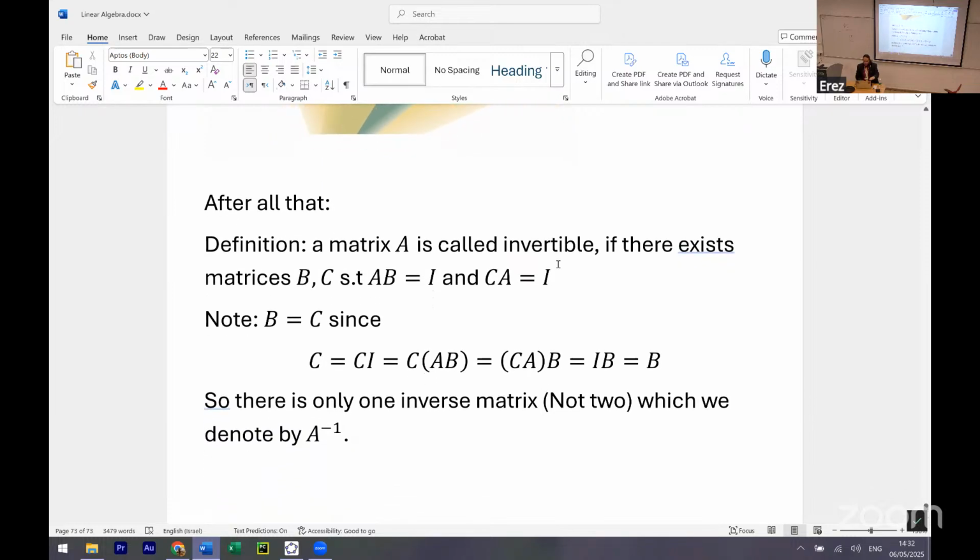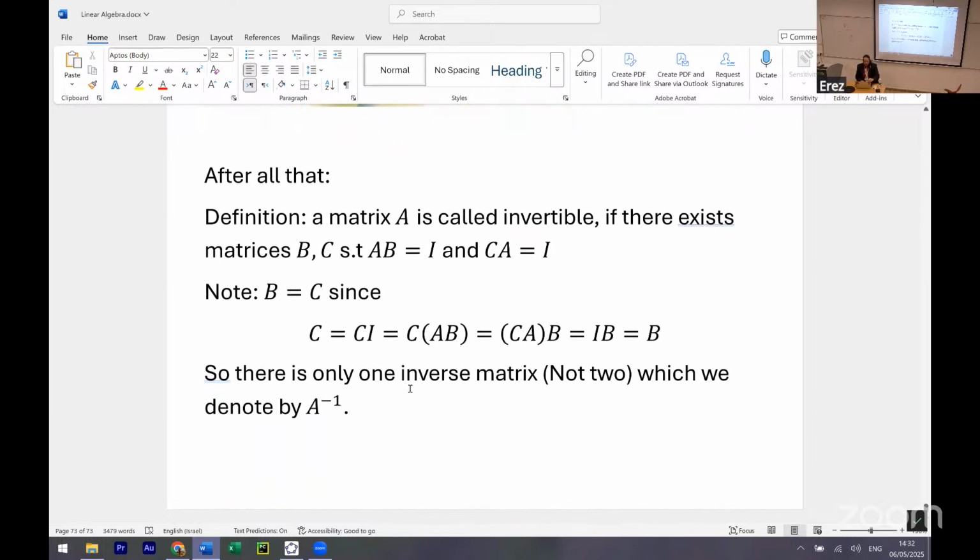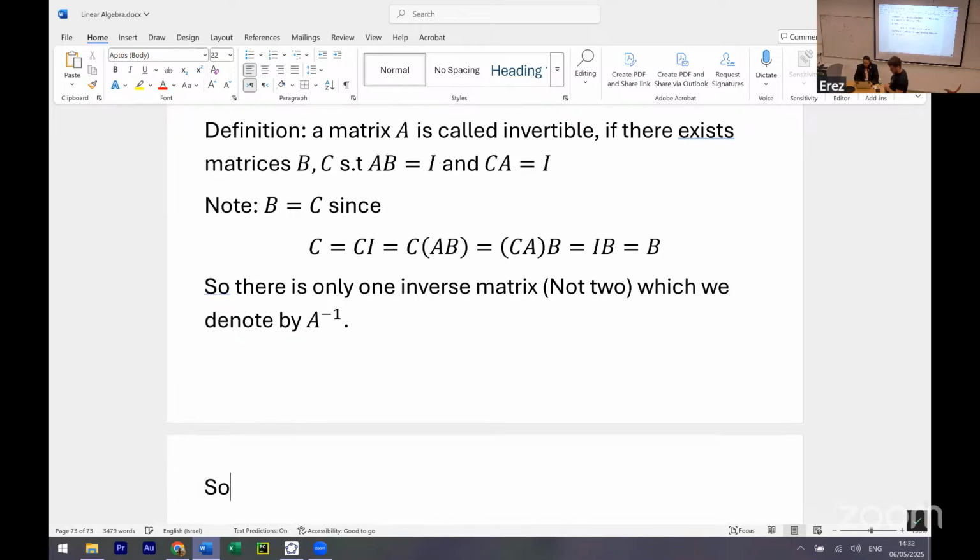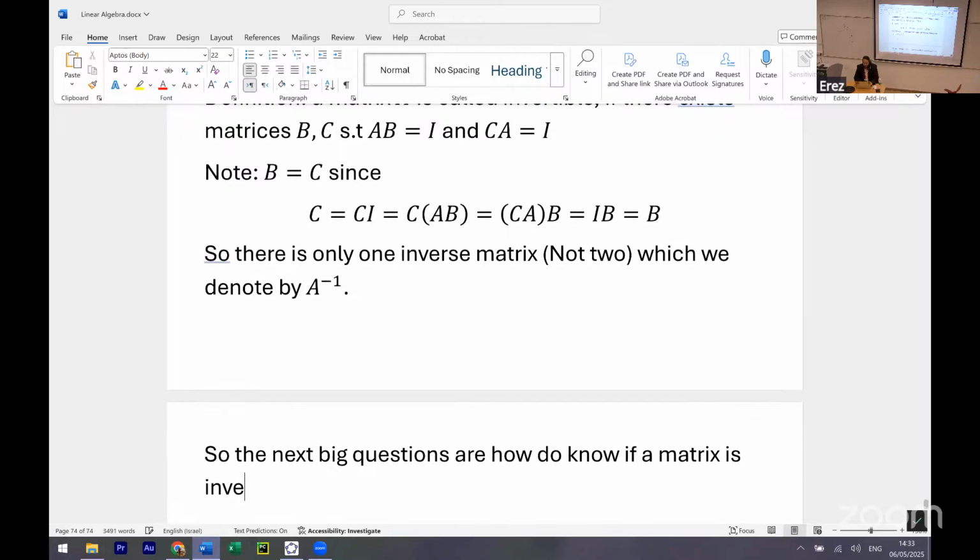Okay, and we're back. So the next big questions are, how do we know if a matrix is invertible?